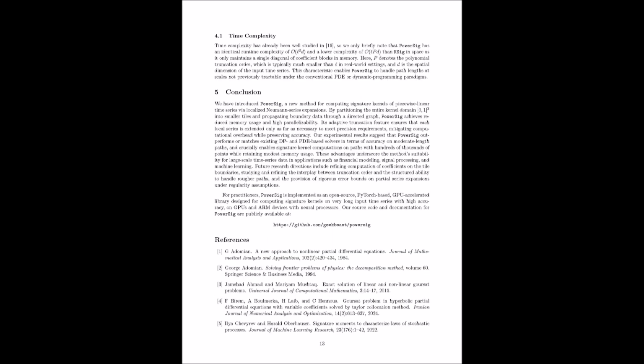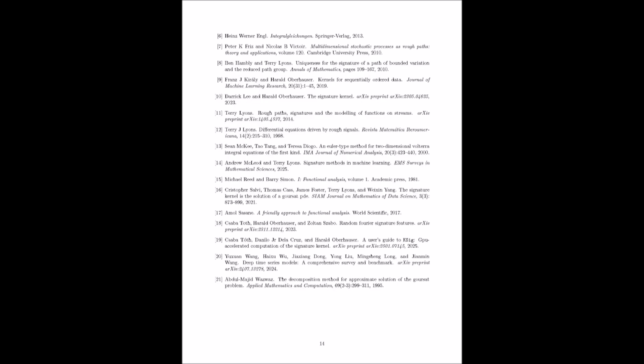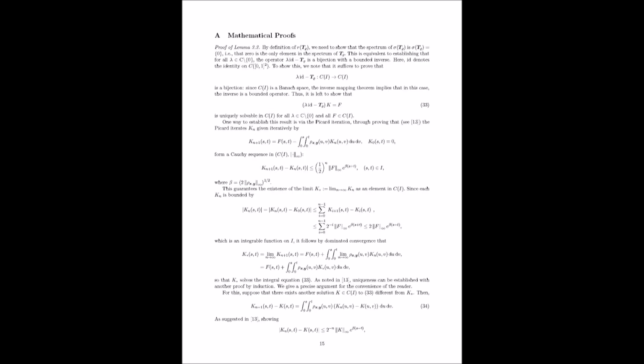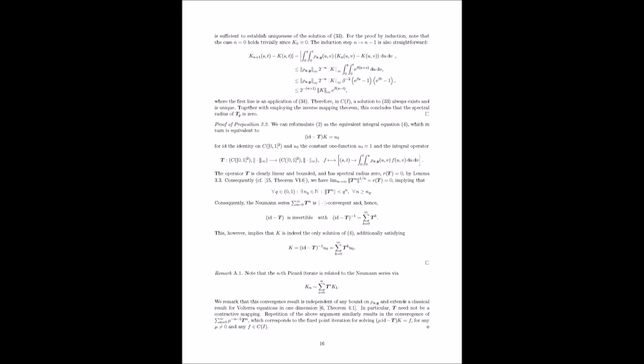This is starting to sound pretty ingenious, but before we get lost in the specifics, I think it's worth taking a step back and reminding ourselves why signature kernels are so powerful in the first place. What makes them so special compared to other ways of analyzing time series? It's easy to get caught up in the technical details and lose sight of the bigger picture. What makes signature kernels so amazing is their ability to capture the underlying dynamics of a time series in a way that's not only super informative, but also really elegant mathematically speaking.